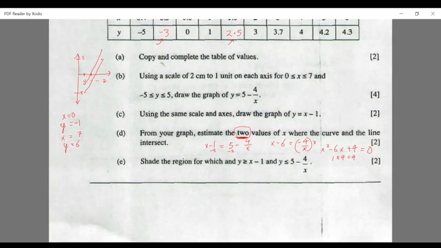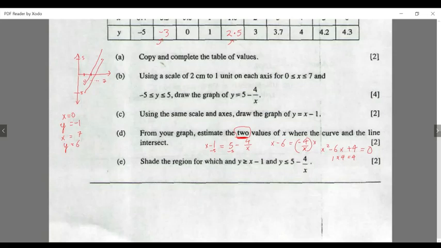However, this tells you to estimate, so let me just make sure I did my algebra correctly. x minus 1 equal to 5 minus 4 over x. Subtract both sides by 5, you get x minus 6 is equal to negative 4 over x.